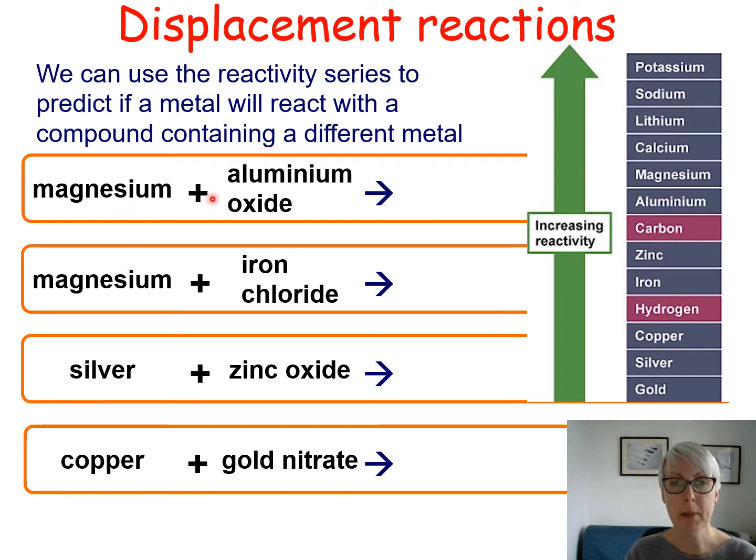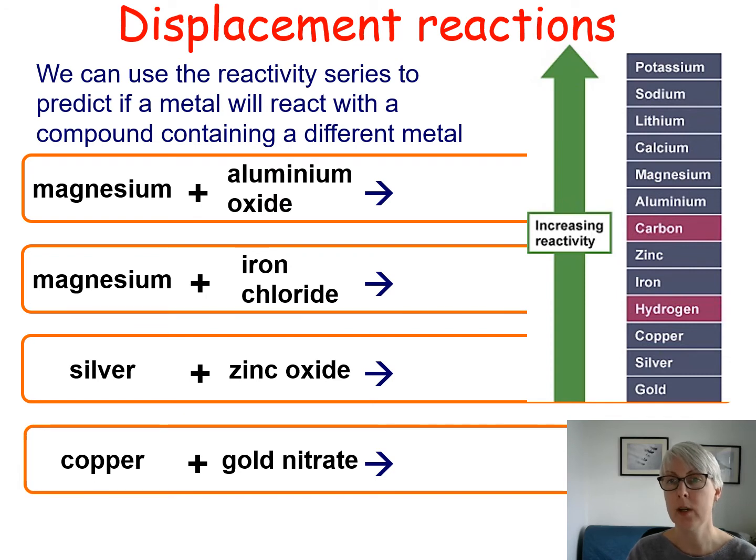If we add magnesium to aluminium oxide, let's find magnesium and aluminium in our reactivity series. Here's magnesium, and it's higher than aluminium in the reactivity series, so that means magnesium is more reactive than aluminium. So magnesium is able to replace aluminium from aluminium oxide, so there a reaction will happen.